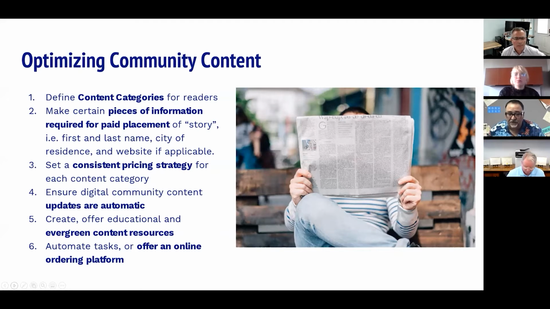We also try to serve our customers by creating educational and evergreen content resources. There are times that we work with our partners. April has done a number of stories to help publishers tell the community about the importance of community content and why the newspapers shouldn't give up and cede this kind of content to the social media platforms.